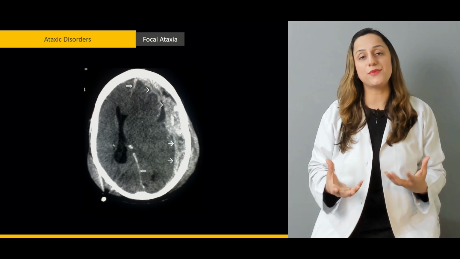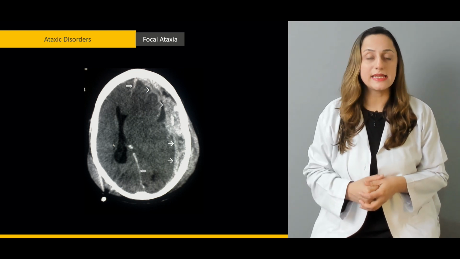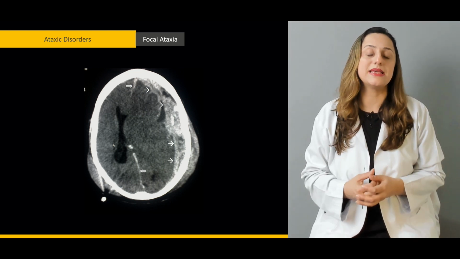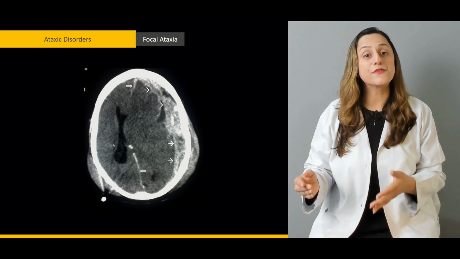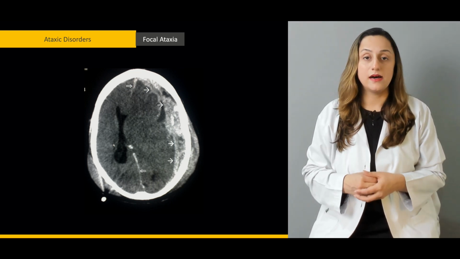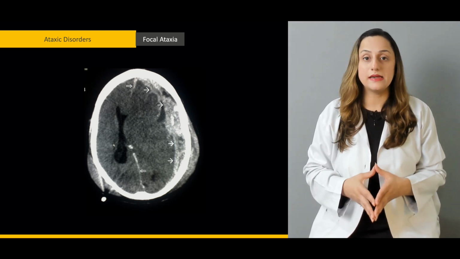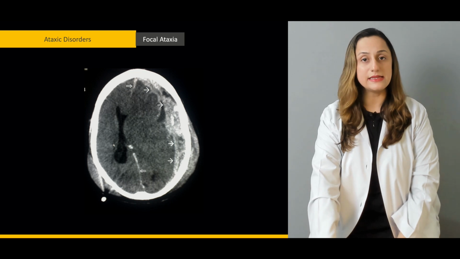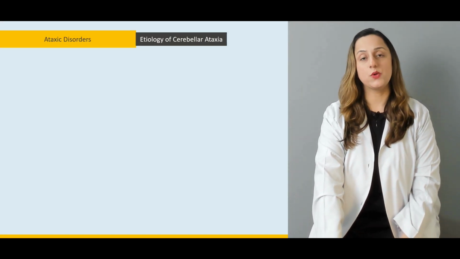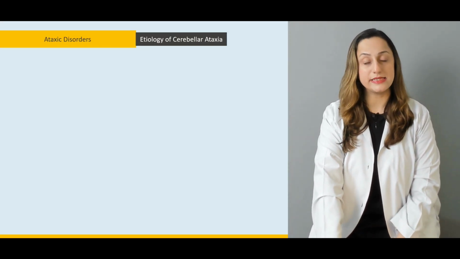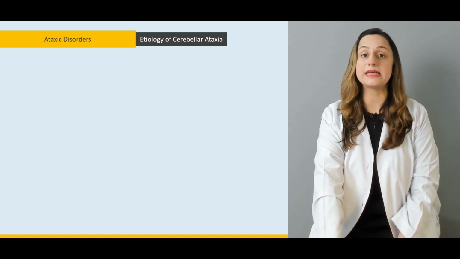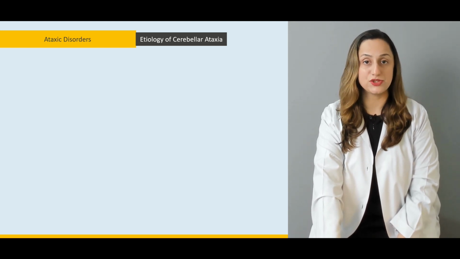So these are some of the causative factors, and even when you're investigating, you're enlisting the different causes of ataxia while you're taking the history from the patient and while you're examining the patient in detail. So basically the causes and the way in which you're going to examine and take history from the patient is going to go side by side in these particular patients.